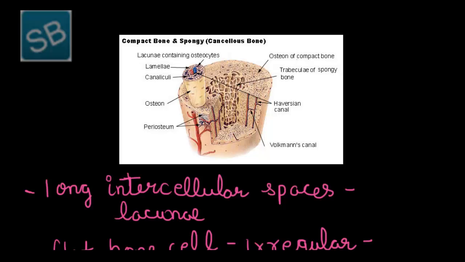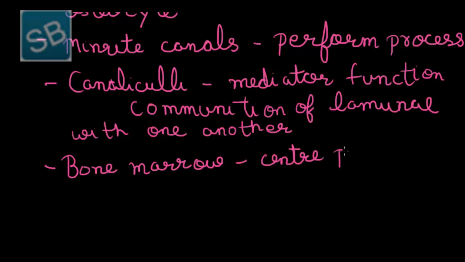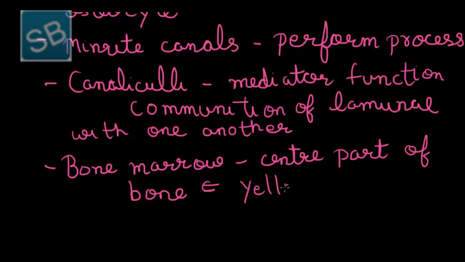In the center, there is a narrow cavity in the body of the bone which is known as bone marrow and is yellow in color. Thus, bone marrow forms the center part of the bone, which is yellow in color and possesses a narrow cavity.